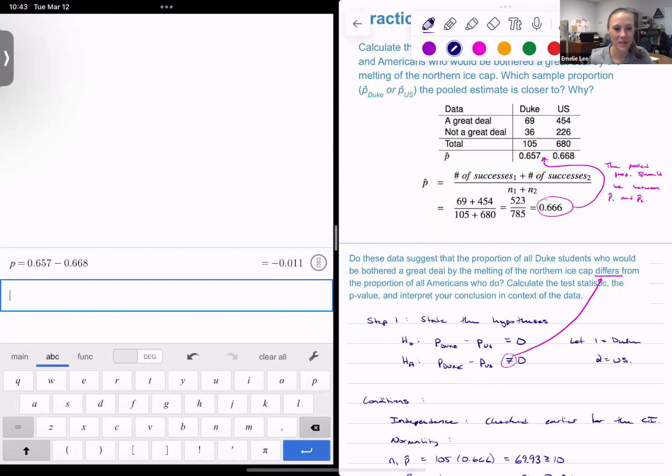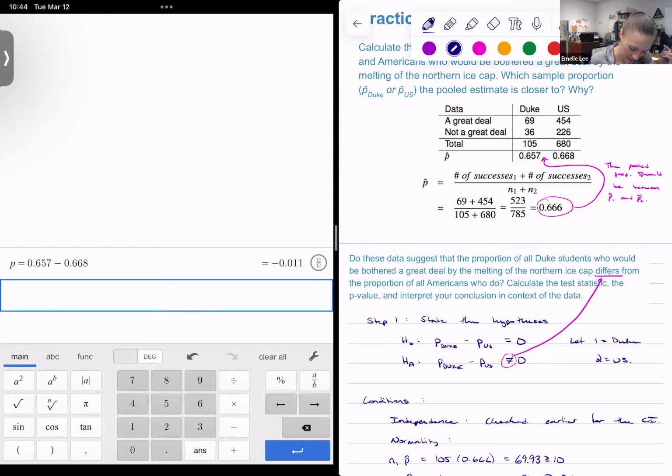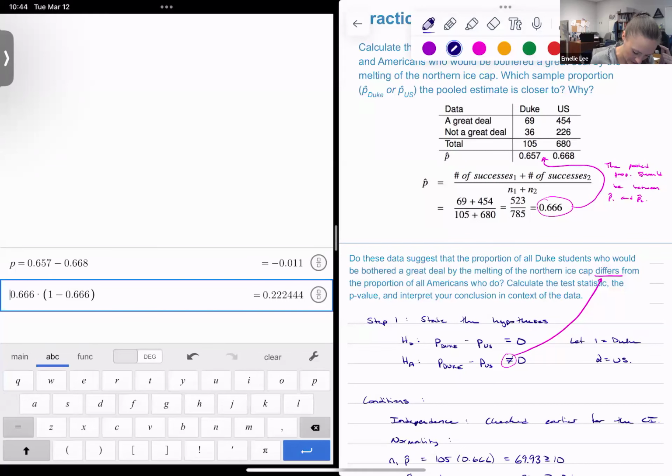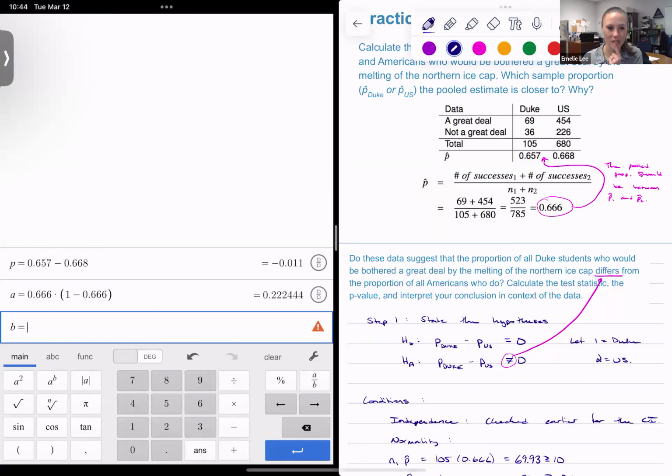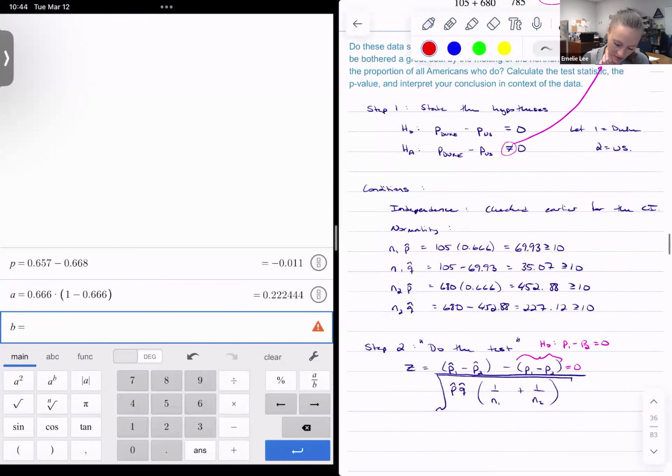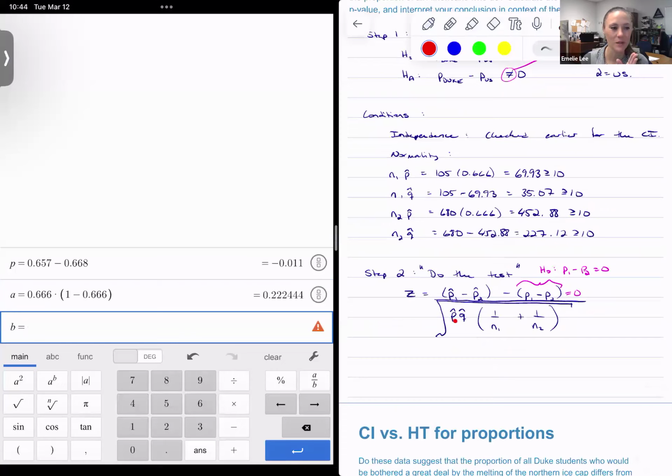The standard error is going to be, now I'm going to do 0.666 times 1 minus 0.666. And I'm going to call this A just for simplicity. There's no reason to use A, but I'll use B is equal to this. I want to make sure that I multiply P hat Q hat, and then I want to find 1 over N1 plus 1 over N2 just on its own.